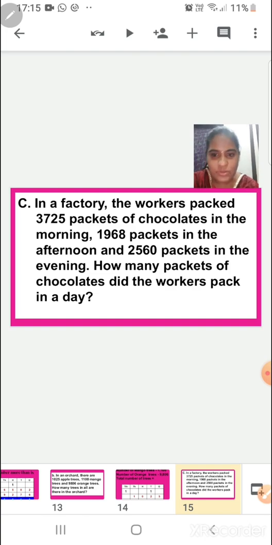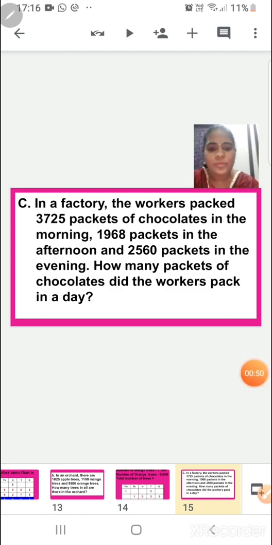How many packets of chocolates did the workers pack in a day? Now, in a day, in the morning workers have packed some chocolates, then afternoon also they have packed some chocolates, and evening also they have packed. So we have to find out in a day how many chocolates the workers have packed.